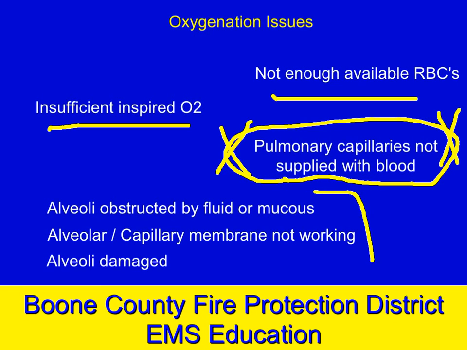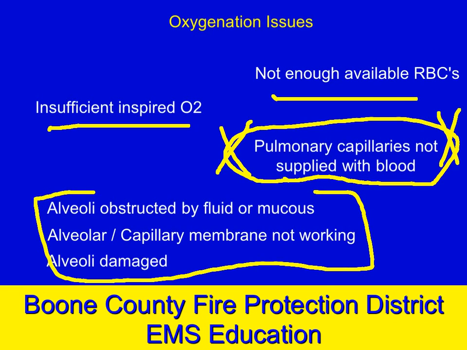But more commonly, we see this bottom case, where the alveoli are damaged from COPD, where the alveolar capillary membrane is not working because there's too much inflammation and there's fluid in there from a congestive heart failure situation, or where the alveoli themselves are obstructed with fluid or with mucus, again, from a CHF scenario or an asthma scenario where there's a significant amount of mucus.